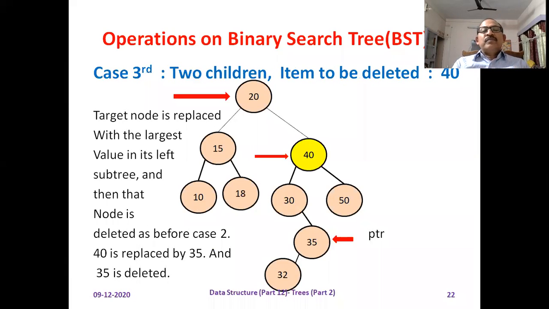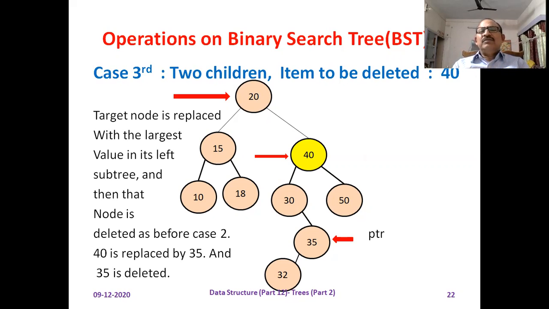Third case. Suppose the item to be deleted is 40. Again, we repeat the same process. Compare this 40 to 20. Okay. 40 is greater than 20, the root node. We call the deletion process with parameters tree right comma 40.